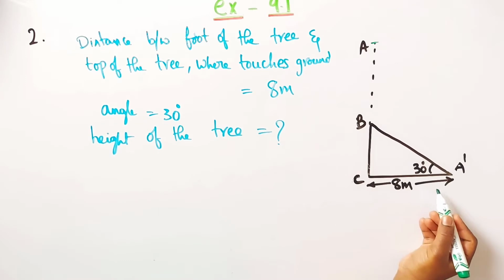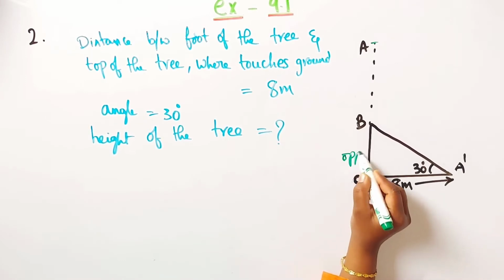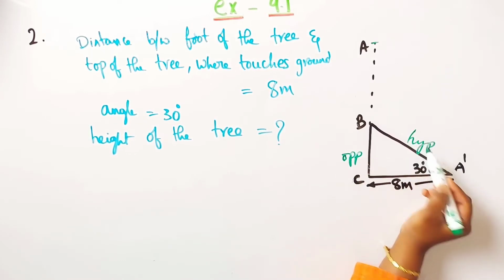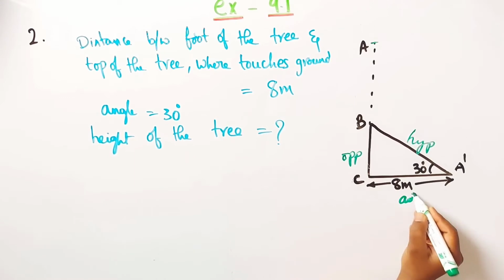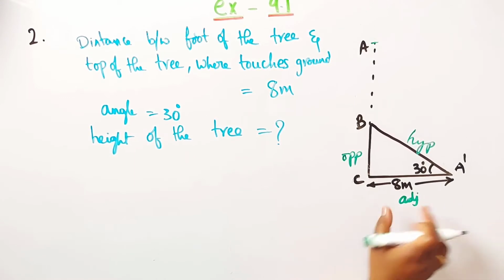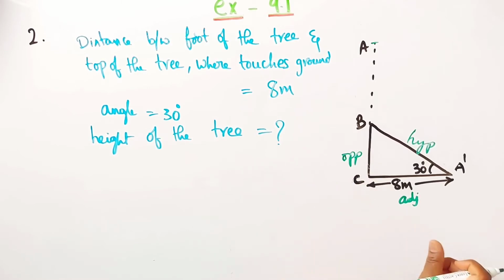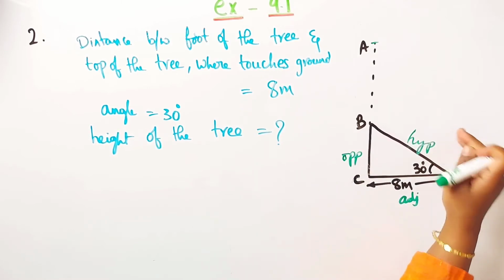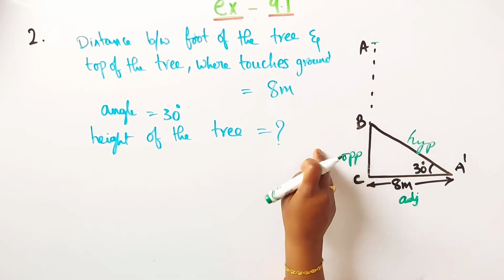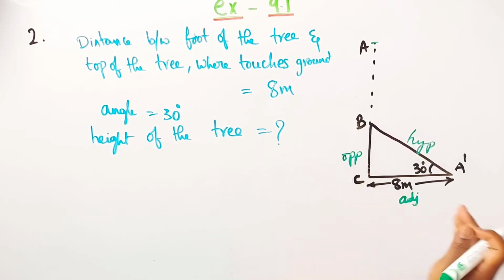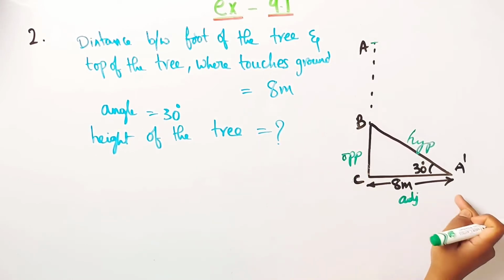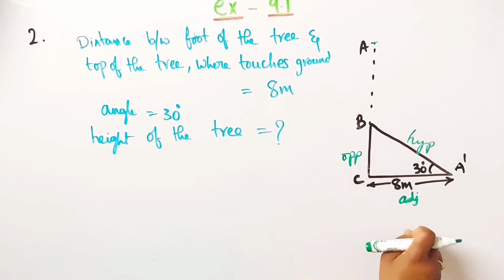For this 30 degrees angle, this is opposite, children. And this will be the hypotenuse and this is adjacent. We know adjacent, so we can find out opposite, right? And knowing adjacent, we can find out hypotenuse. First we'll find out opposite with the formula tan 30. Tan 30 is opposite by adjacent.